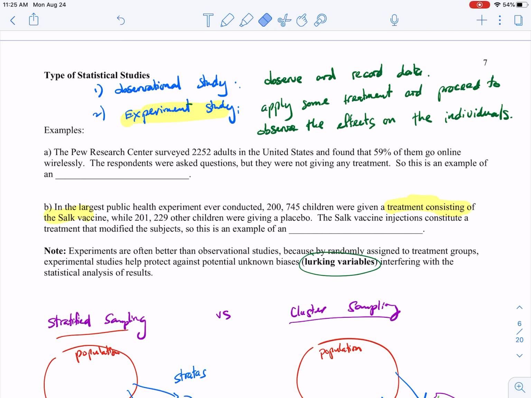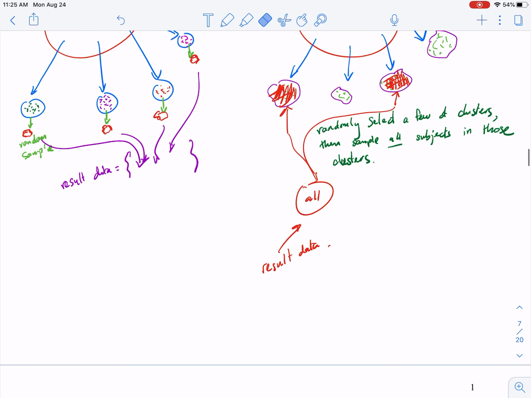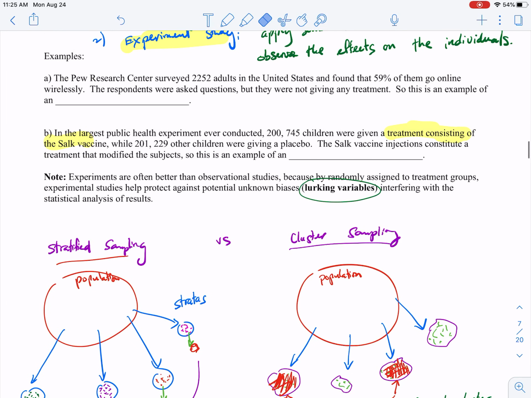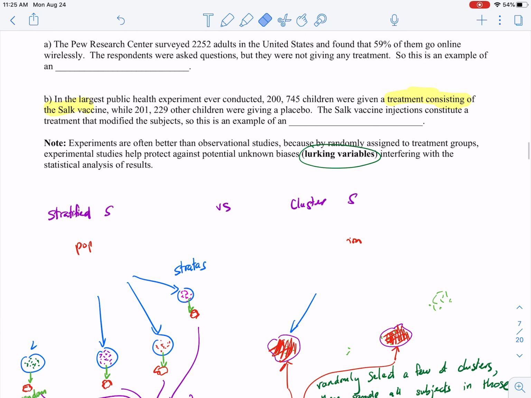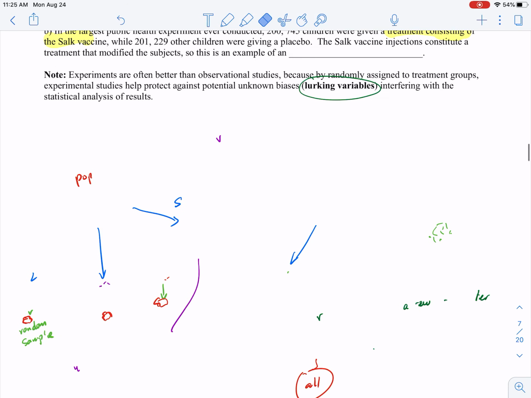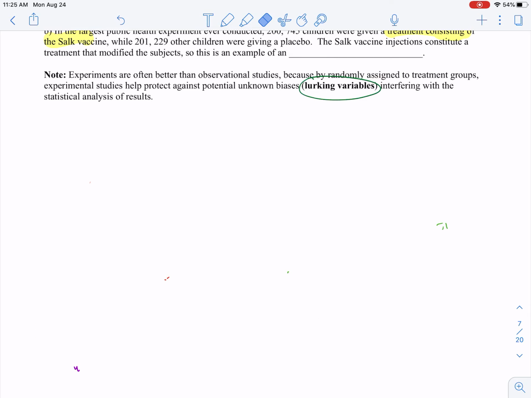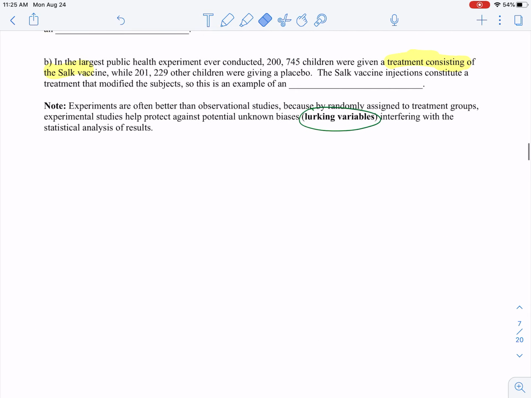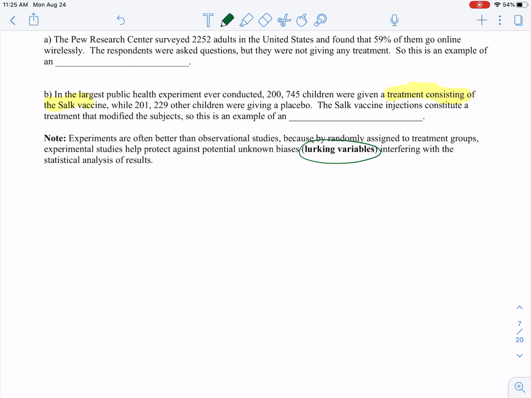So I have an example I want to go over here. Let me erase this first. Okay, example: ice cream versus drowning.